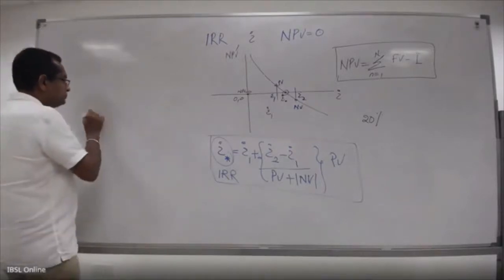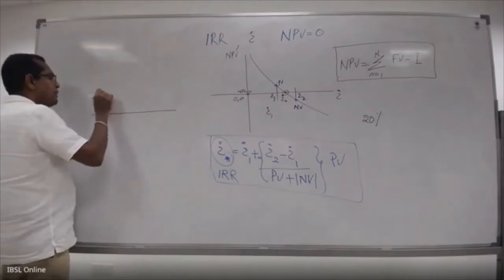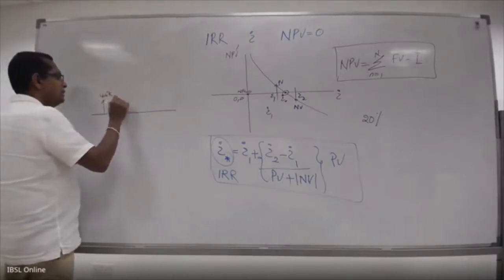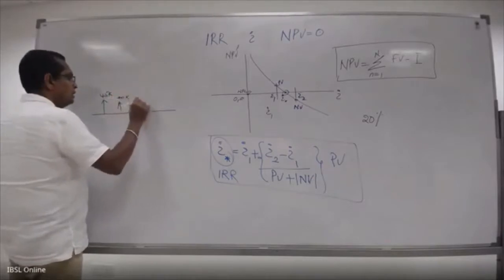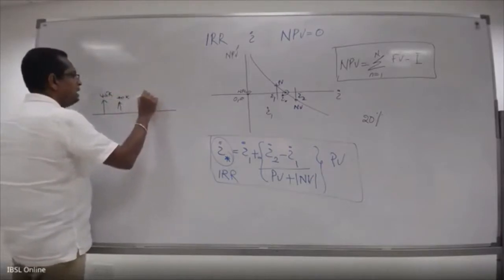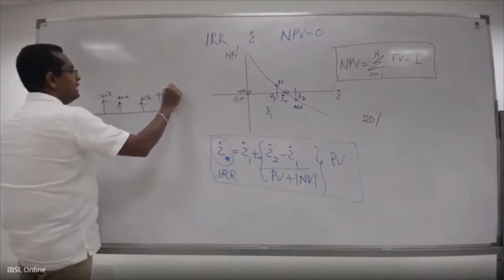We say this is the project where you have 45K, then you have 40K, 35K, and 50K. This is the project.